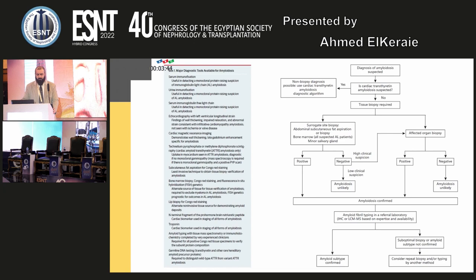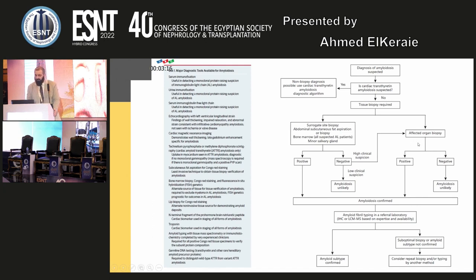Again, this algorithm is a brilliant one. It shows the major diagnostic tools on the left panel here to diagnose amyloidosis, starting from the serum immunofixation, the urine, and the serum immunoglobulin free light chain, and the echocardiography, the cardiac MR, and the technetium pyrophosphate, and all the others, going to the biopsies all through.